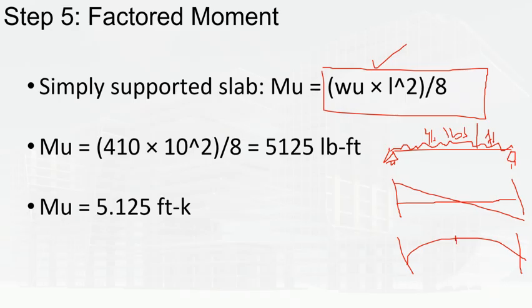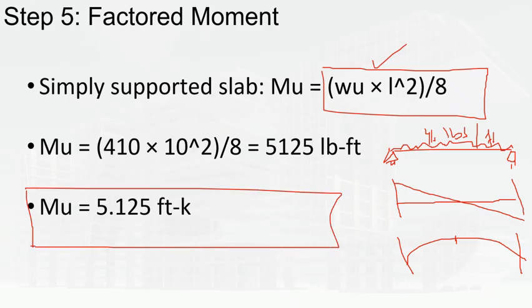So the formula after calculating all of this is WUL squared by 8. L is your span and WU is what we just calculated as 410. Now after doing all this calculation, you will get your required moment. The moment that you have to design for is 5.125 kip-foot.